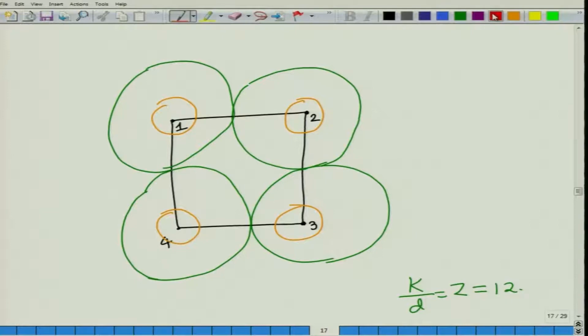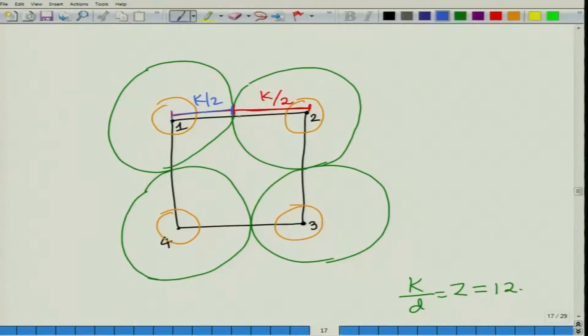So, what is the side of the square? Now, each side of the square, if we consider the half of this side, then this is equal to the crown radius. So, it is k by 2. This half, the other half, is also k by 2.